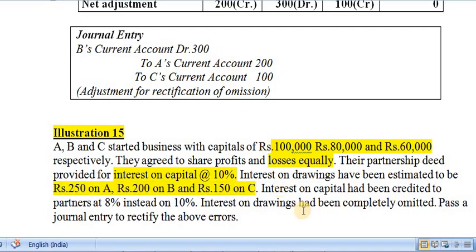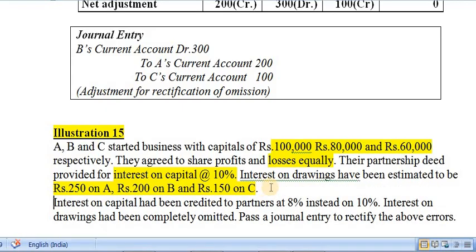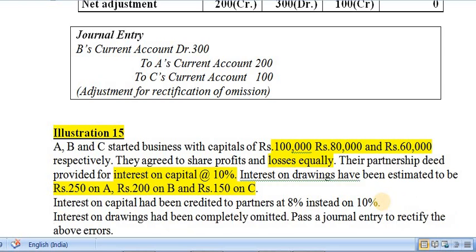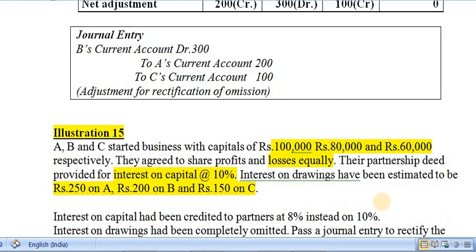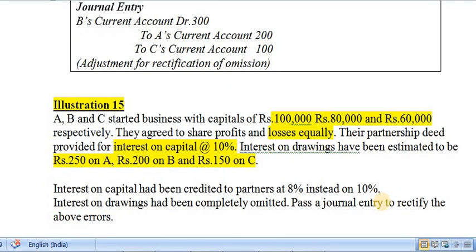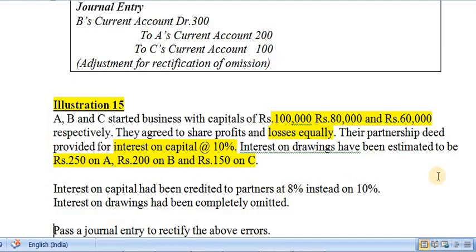Interest on capital had been credited to partners at 8% instead of 10%. There are two mistakes. Number one, first mistake, interest on capital was credited at 8%. So I think they got a new accountant. Anyway, this is the first year, so it is possible to make mistakes. So now we have two mistakes here.